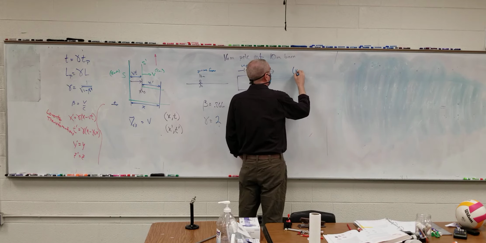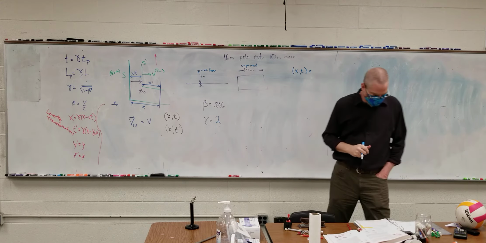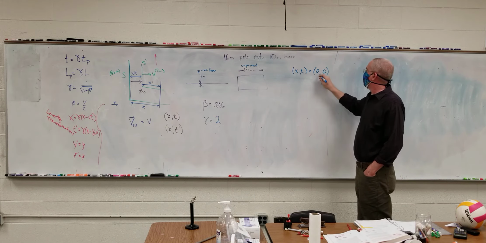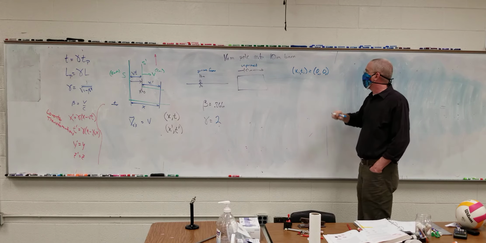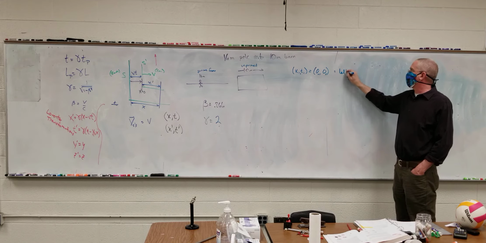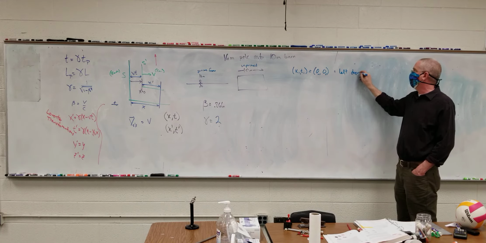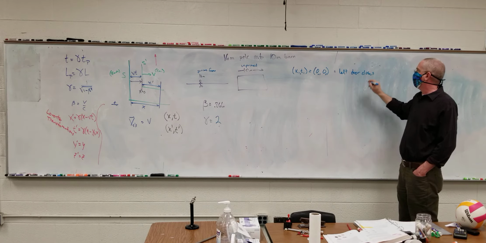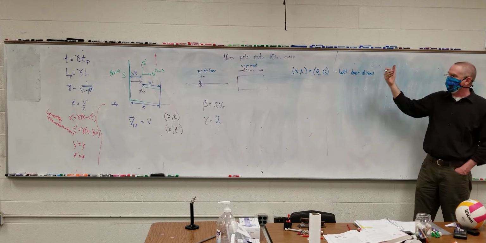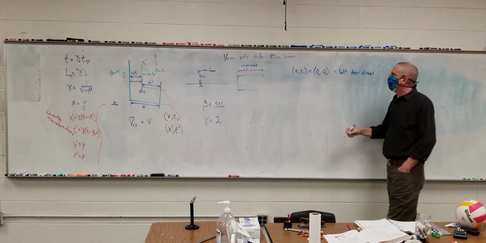We have x1, t1: 0 meters, 0 seconds. This is when the left door closes. As soon as the left end of the pole is inside the barn, the left door closes.